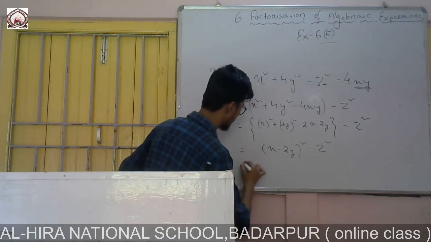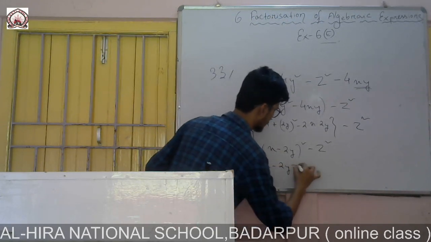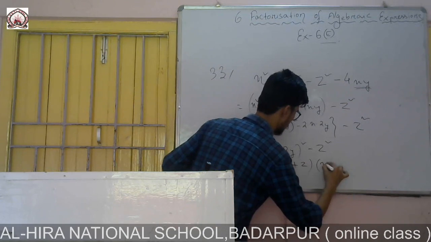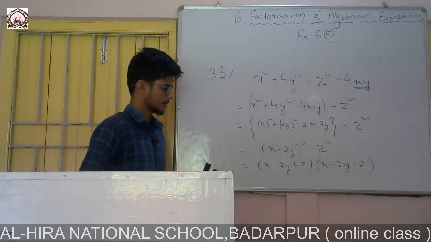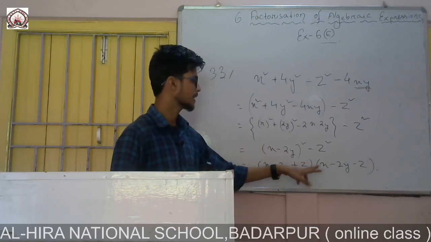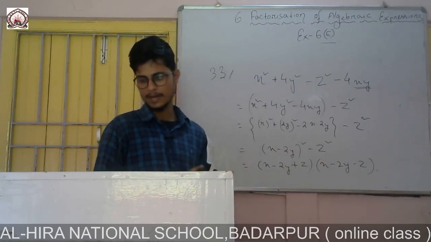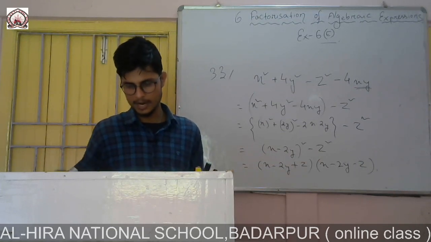So simply I can write it as a minus b and a plus b. So the answer is x minus 2y plus z and x minus 2y minus z. Okay. So now see question number 36, high order thinking.